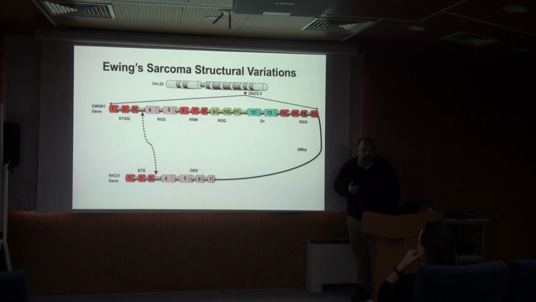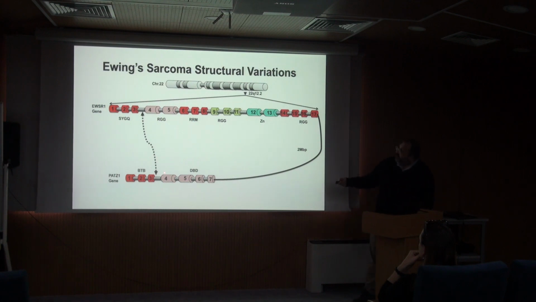Another reason why we study PAS1 is a recent subclass of sarcoma cancers called Ewing sarcoma. People have been discovering in patients translocations between the common EWSR1 gene and the PAS1 gene. In fact, these 2 genes are on the same chromosome, human chromosome 22, about 2 million base pairs apart, facing opposite orientations.